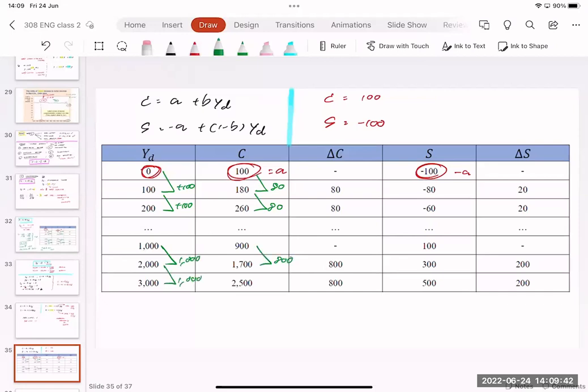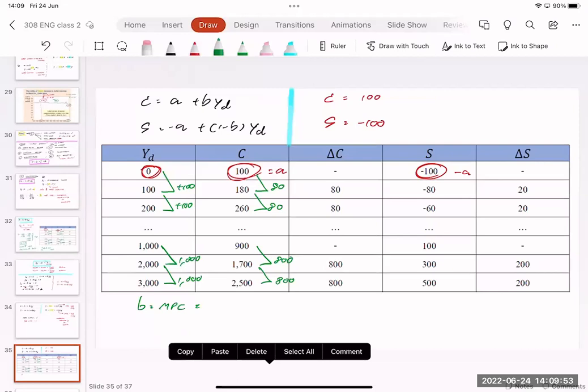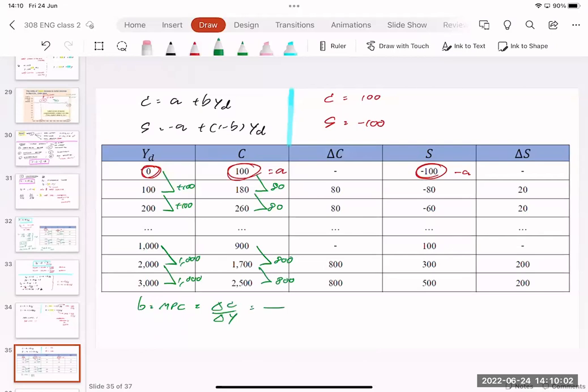This one you can calculate for B. B equal to MPC equal to delta C over delta Y. In this case, you have more income for 100, you consume more for 80, or more income for 1,000, you consume more for 800. Together equal to 0.8. You got B. Now I can write it down. This is plus 0.8 YD.